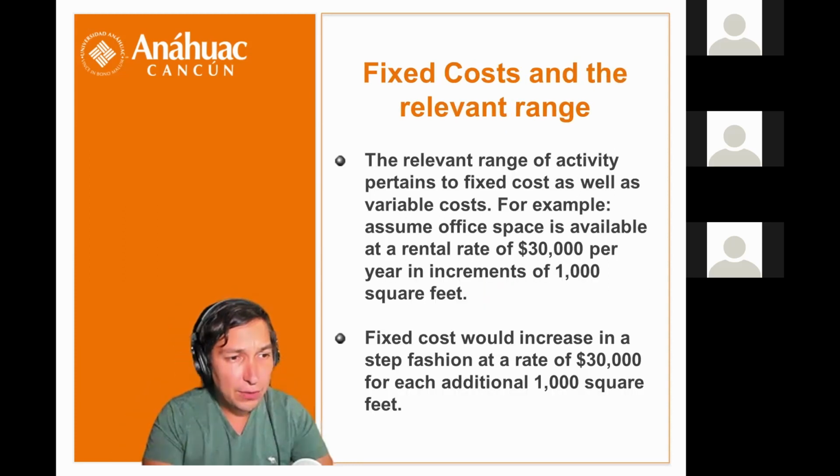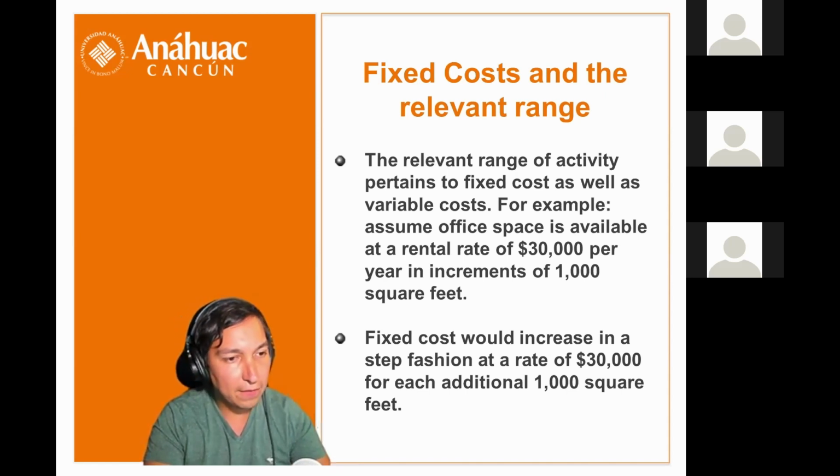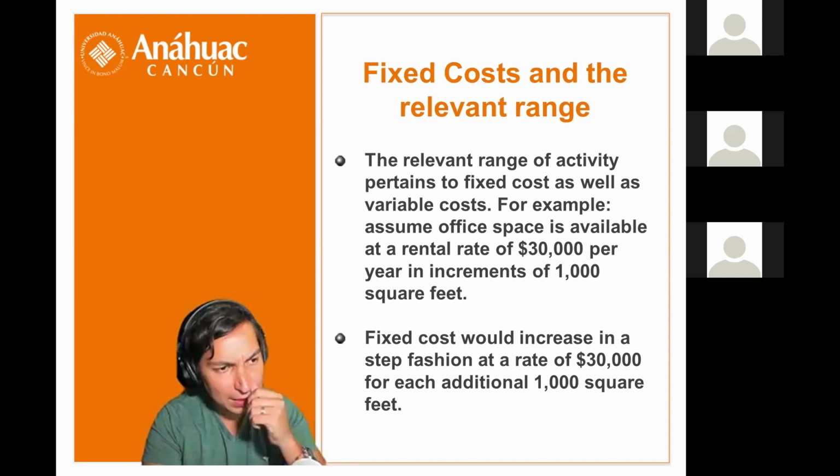Okay, so the relevant range of activity pertains to fixed costs as well as variable costs. For example, assume office space is available at a rental rate of $30,000 per year in increments of 1,000 square feet. So our fixed cost would increase in a step fashion at a rate of $30,000 for each additional 1,000 square feet.